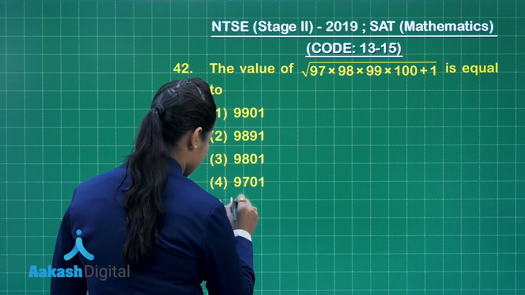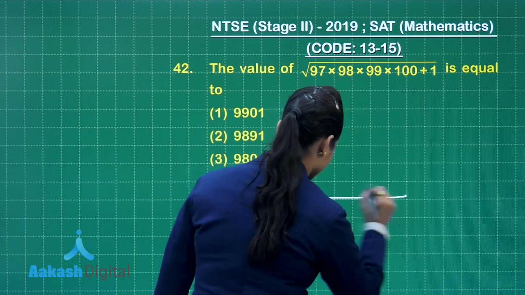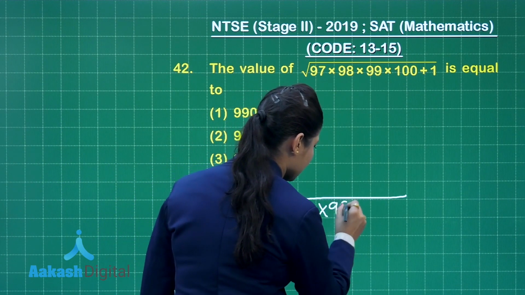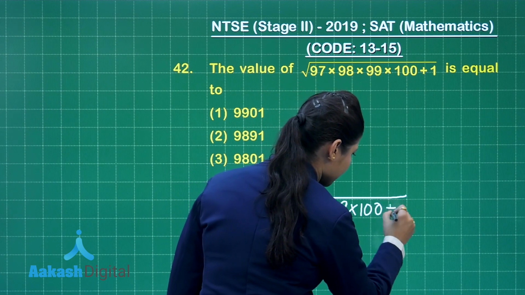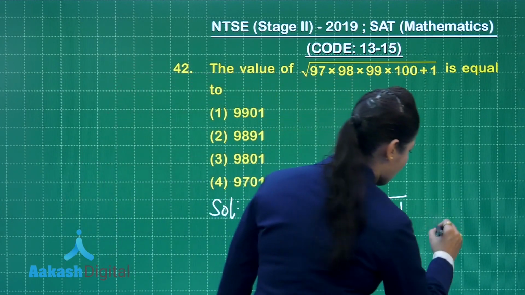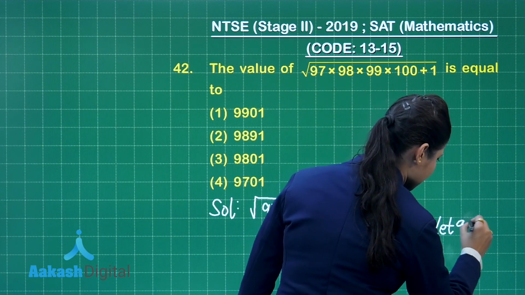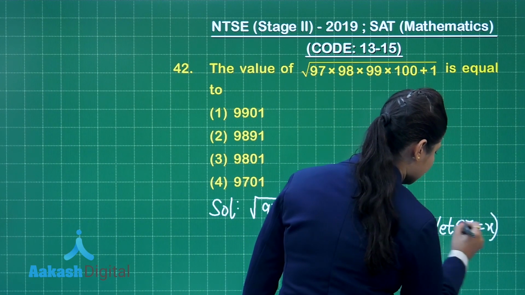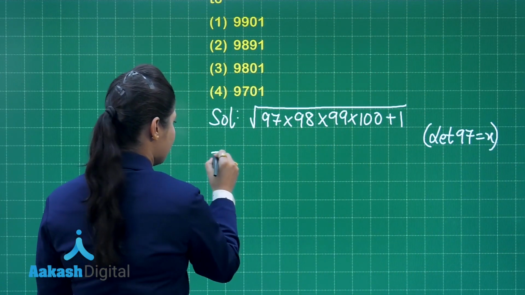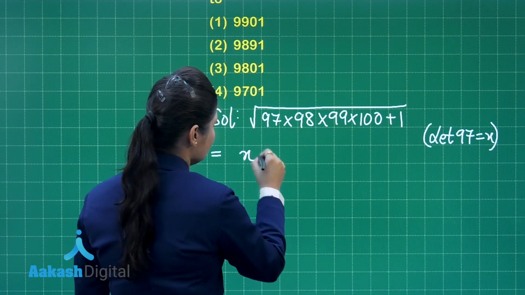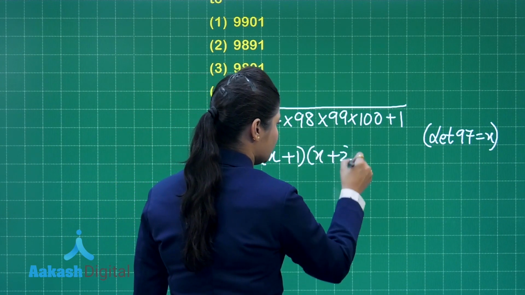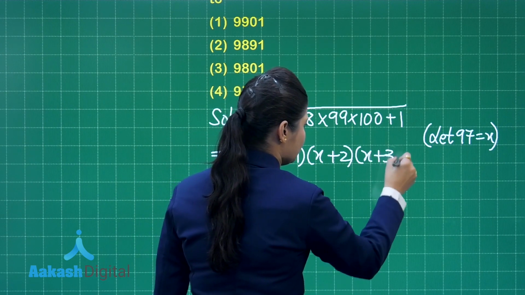Here, if I consider this given quantity, that is 97 into 98 into 99 into 100 plus 1, I am taking 97 equal to x. So let 97 be equal to x. Then this given quantity simplifies to the square root of x into x plus 1 into x plus 2 into x plus 3 plus 1.